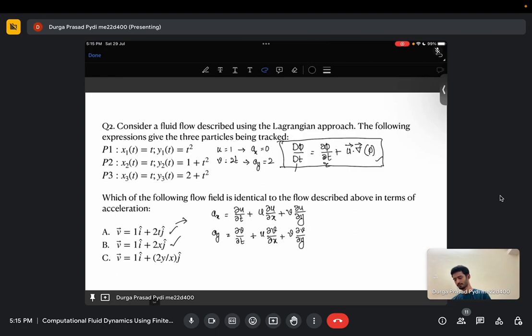So from this, if you substitute option 1, you can directly get that u is 1 and v is 2t. Sure, ax will become 0 and ay will give you a value of 2.